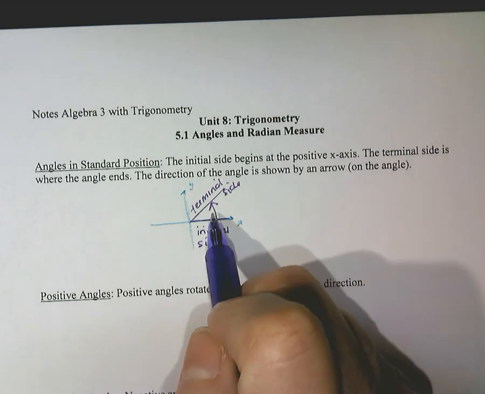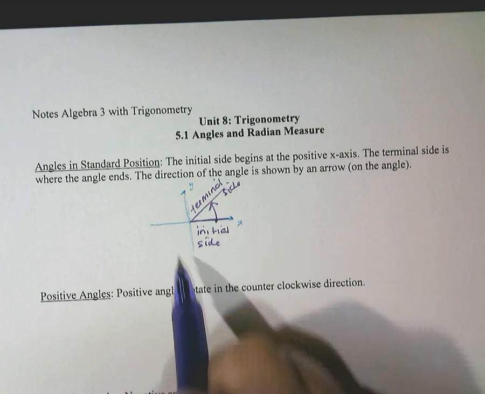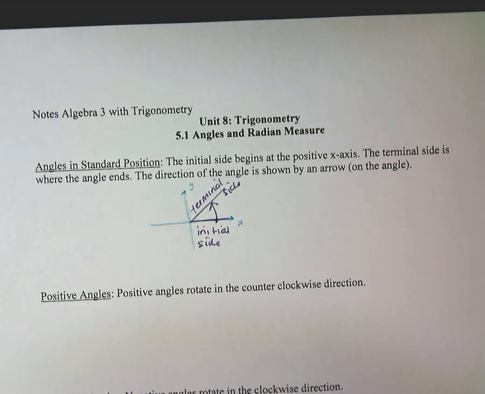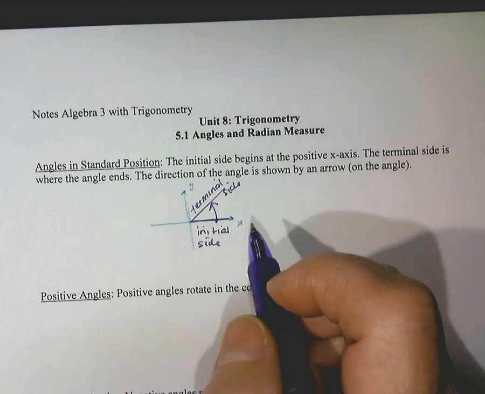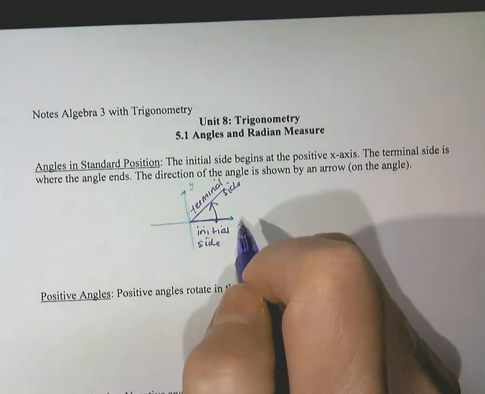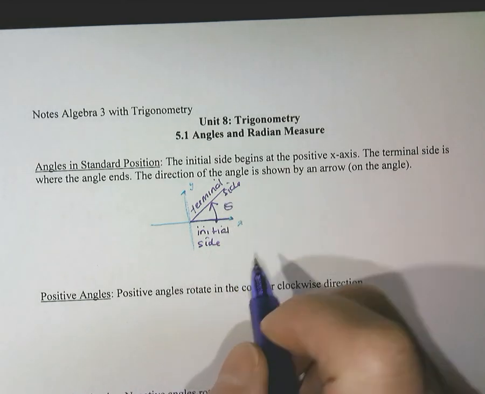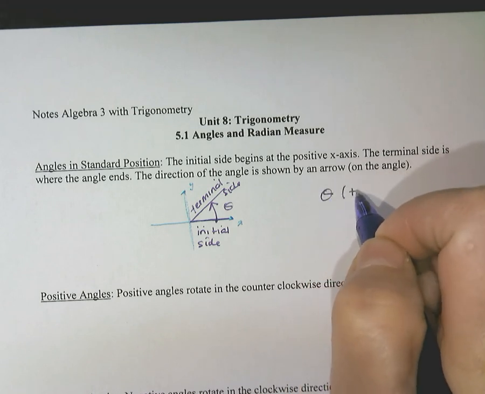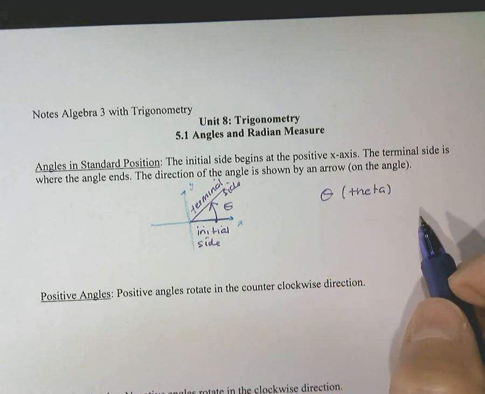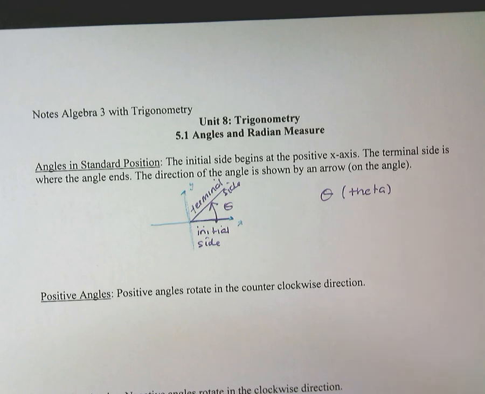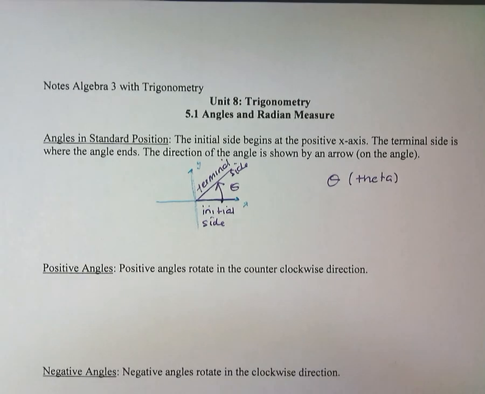So think of it as a tire that's spinning around and around. This arrow is important to show direction. And we refer to this angle as theta. So theta is the angle. In geometry, you typically used x. Most of the time, we're going to use theta or other Greek letters.